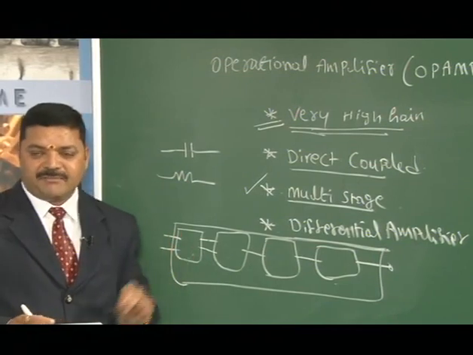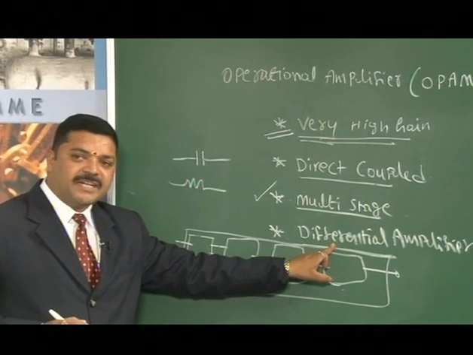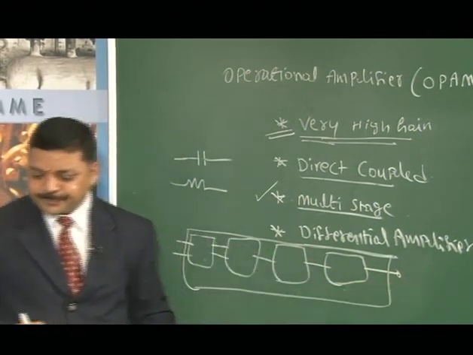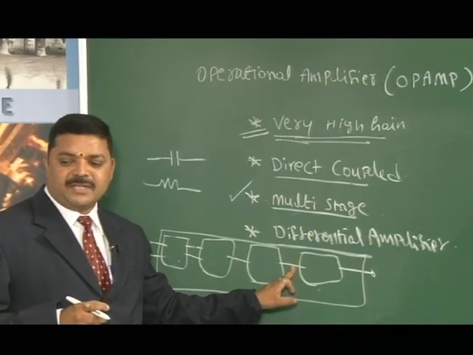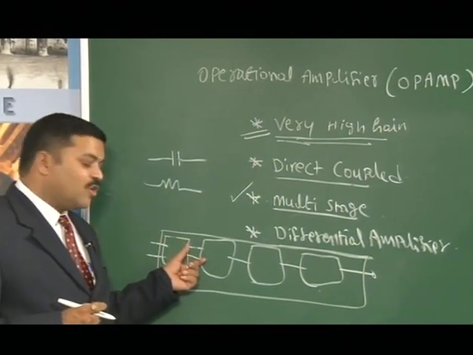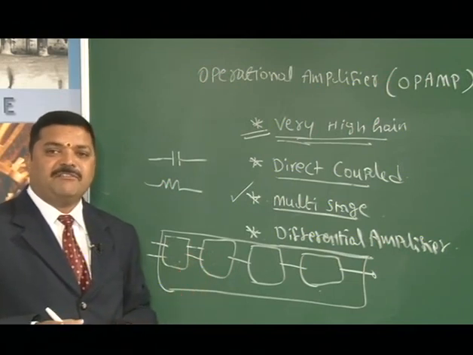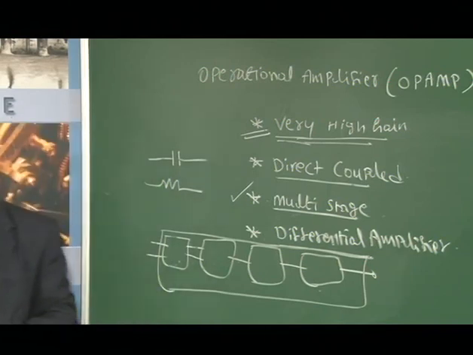So, an operational amplifier is a very high gain, direct coupled, multi-stage differential amplifier with 2 input terminals and 1 output terminal. Next, as there is direct coupling between the different stages of the op amp, there are no coupling elements. Whenever there are no coupling elements, such circuits can amplify both AC signals as well as DC signals. So, that is the next point.